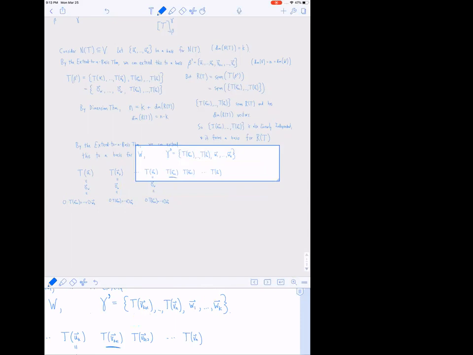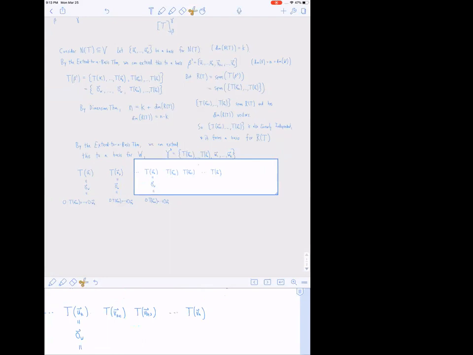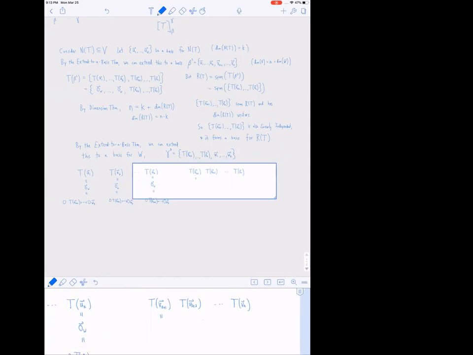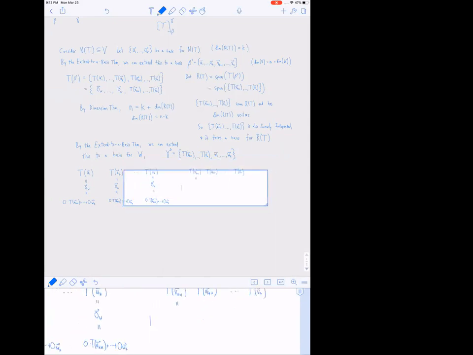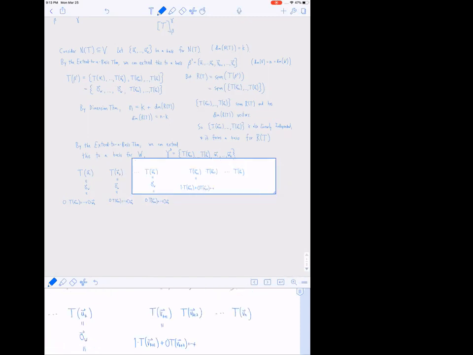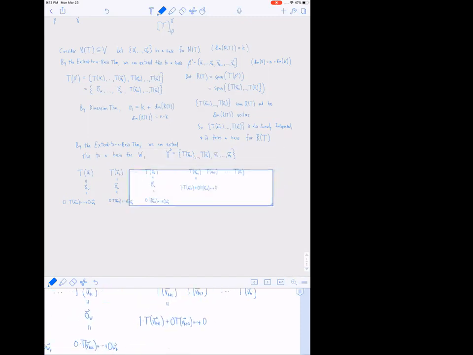So when we go to write that as a linear combination, we're going to write it as 1 times T of vk plus 1, and then 0 times everything else. T of v sub k plus 2 up through, well, all of the other vectors, all the way down to wk.